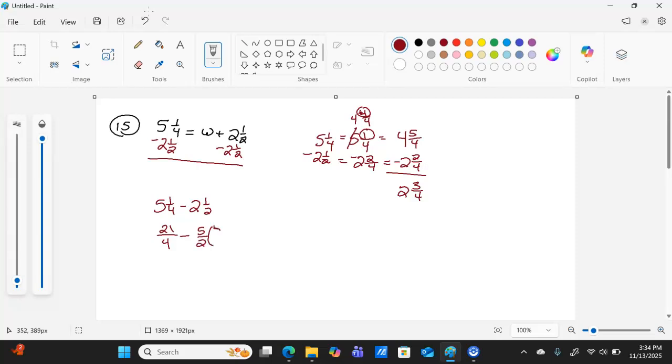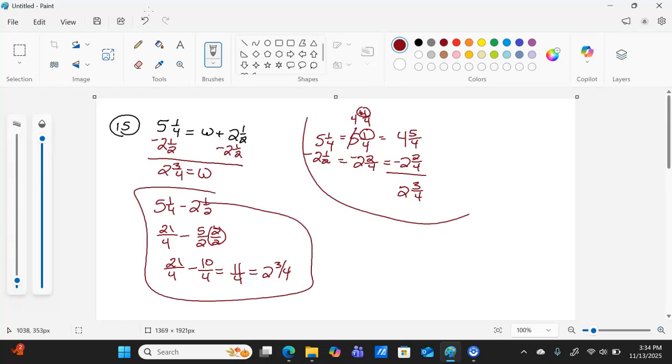I'm going to have to multiply this by 2 over 2 to get me a common denominator. 21 over 4 minus 10 over 4 is 11 over 4, which is that 2 3/4. So W equals 2 3/4. Somewhere you need to show either the horizontal or the vertical work to get to that answer.